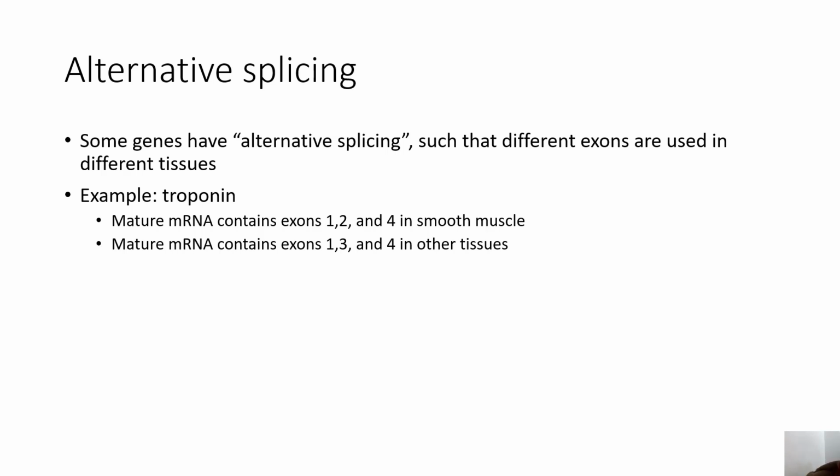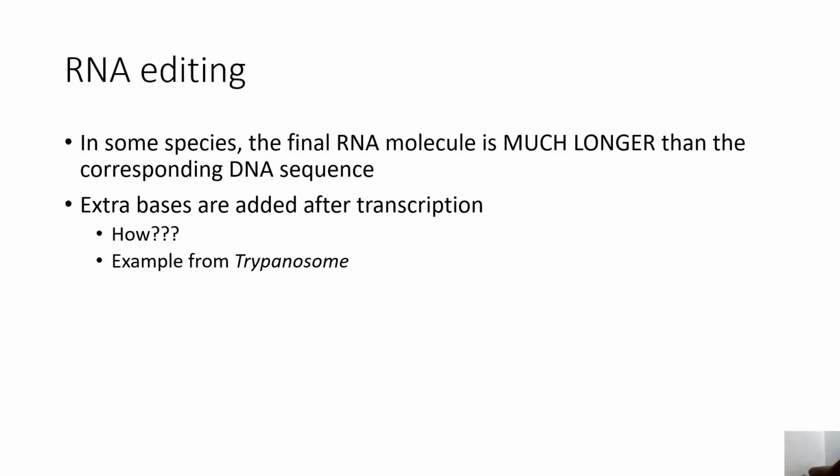Troponin: the mature mRNA consists of exons 1, 2, and 4 in smooth muscle. The mature mRNA contains exons 1, 3, and 5 in other tissues. RNA editing: in some cases, the final RNA molecule is much longer than the corresponding DNA sequence.